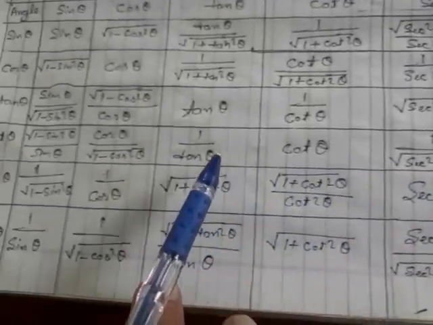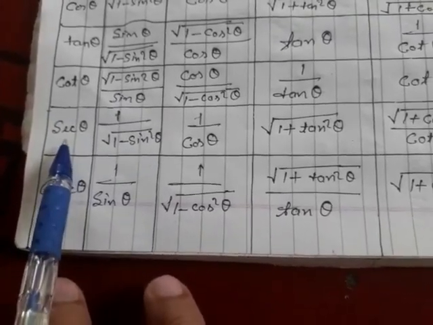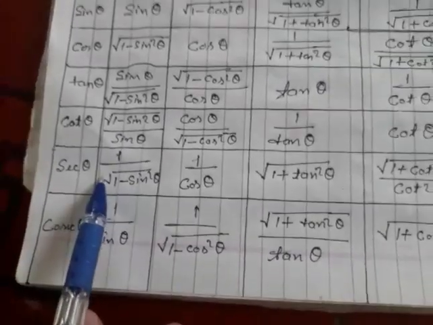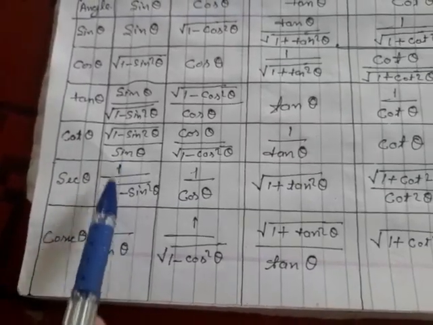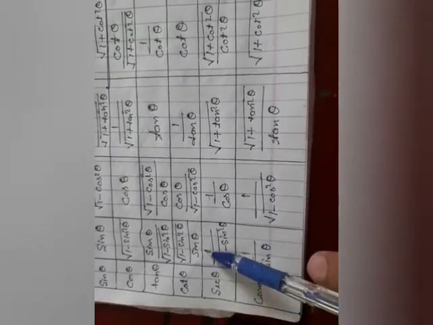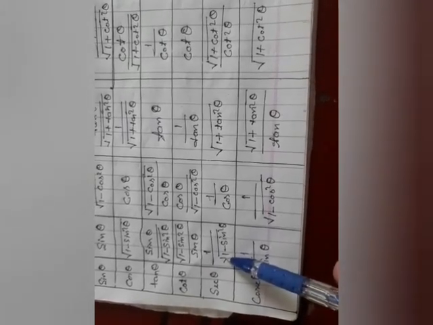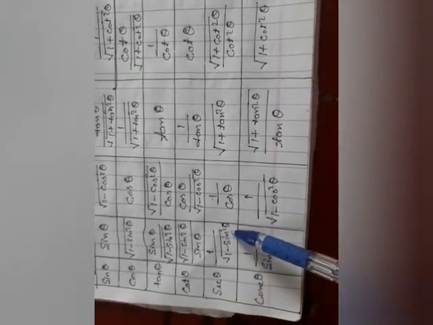Clear? Now we discuss the second one, sec theta. Sec theta in the form of sin theta, so we write 1 upon under root 1 minus sin square theta.